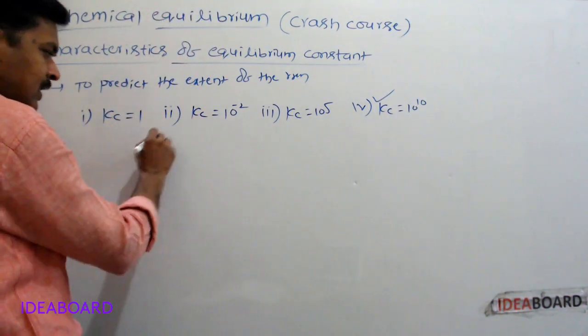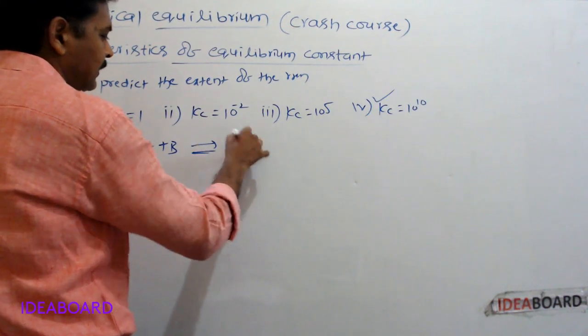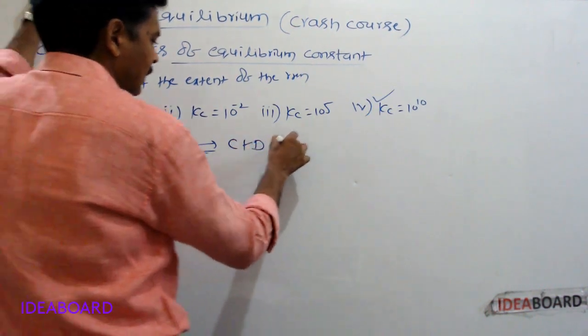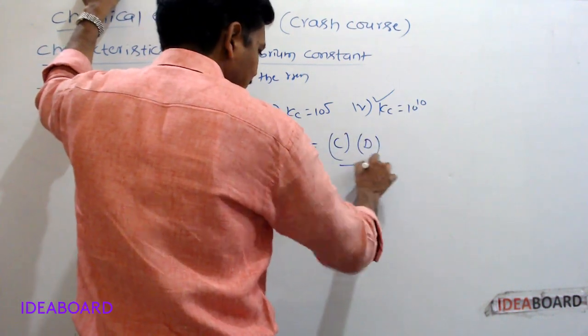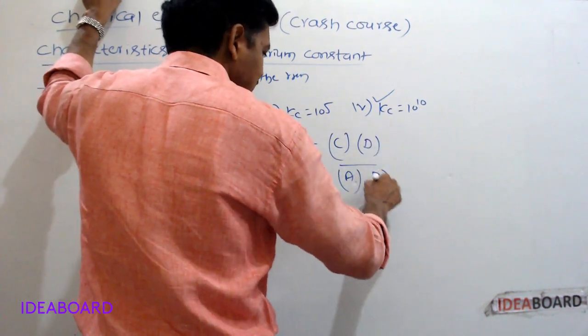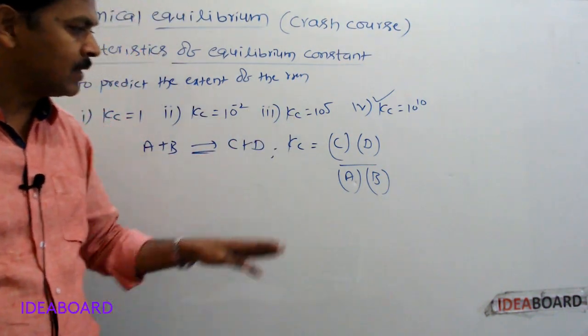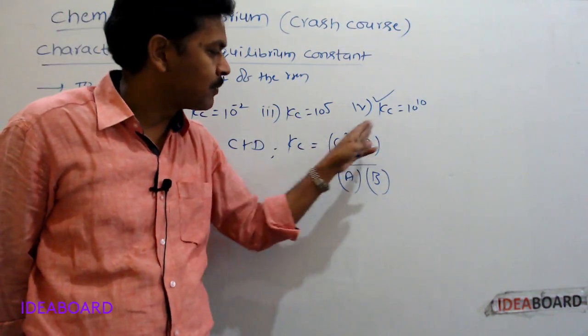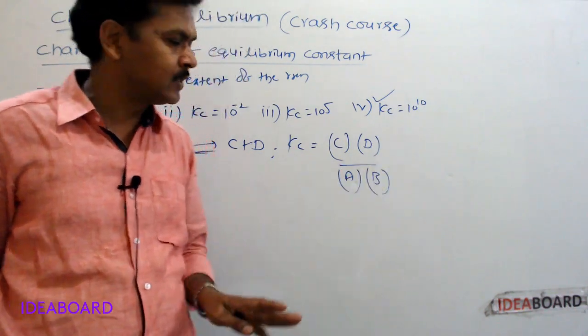Already we know this general formula for this reaction. Kc is equal to C concentration into D concentration by A concentration into B concentration. Kc is nothing but the product of molar concentrations of products to the product of molar concentrations of reactants.